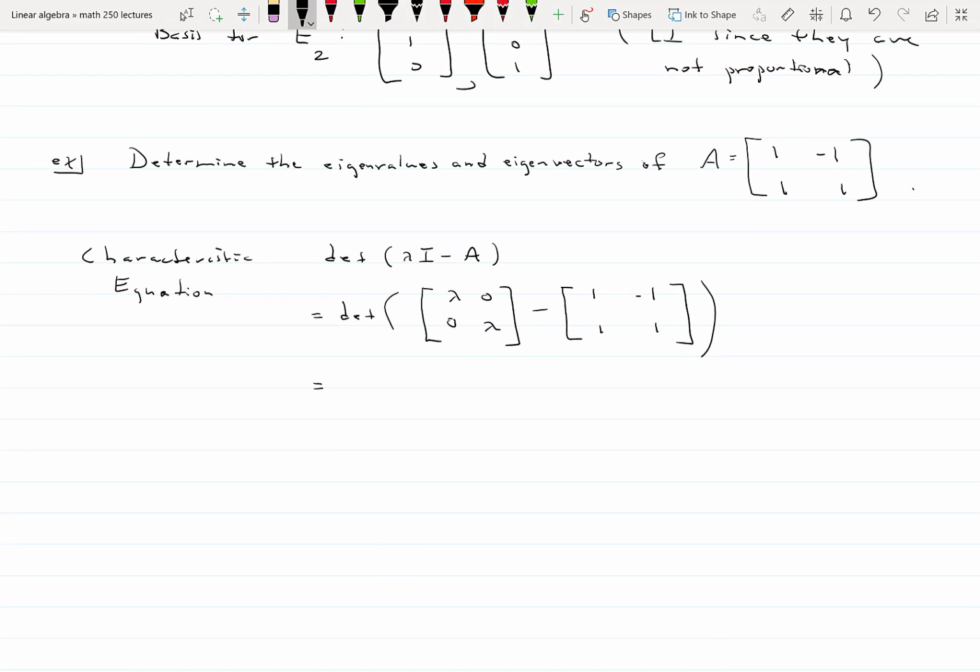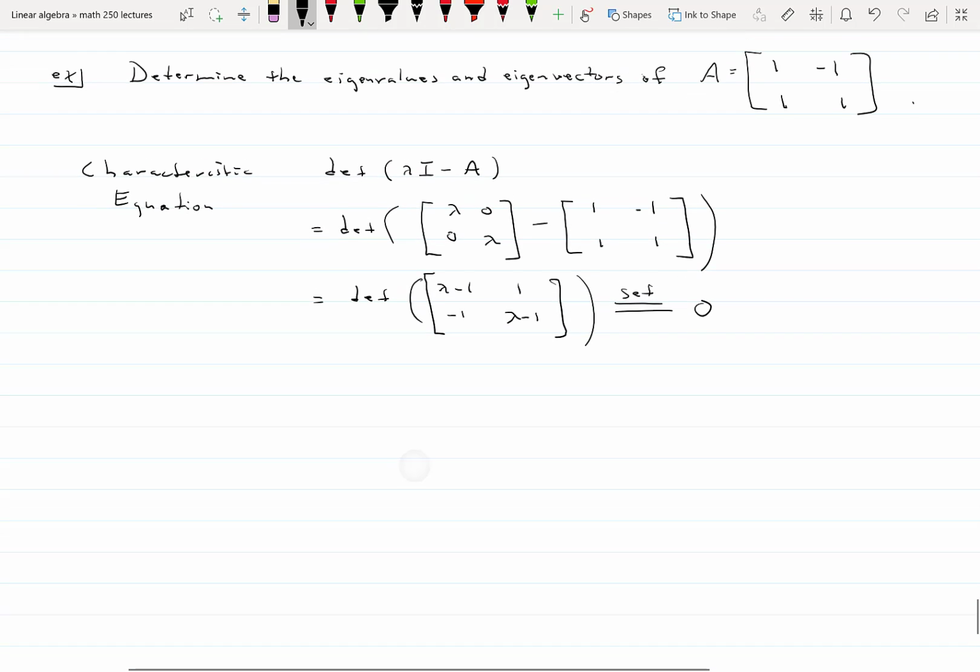So it equals the determinant of lambda minus 1 and another lambda minus 1 along the diagonal, and negative 1 and 1 for the other entries. And we set this equal to 0.